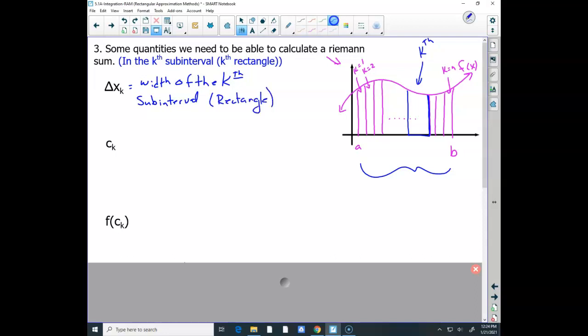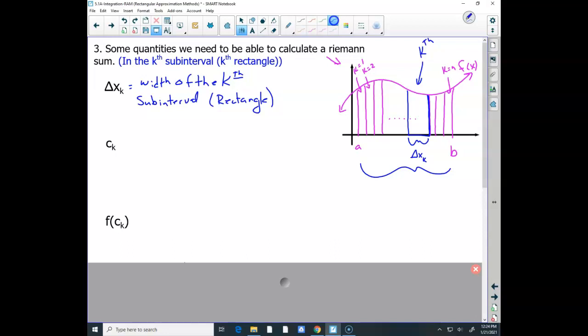Each rectangle is deemed a subinterval in there. So if this is my kth, this right here is my delta x sub k. That's the width of the rectangle.